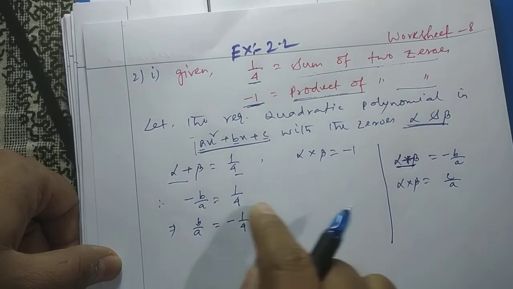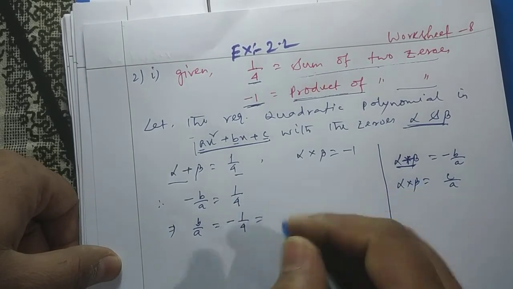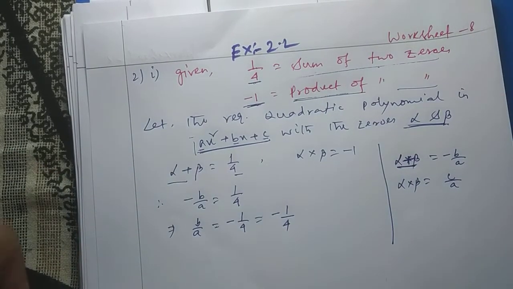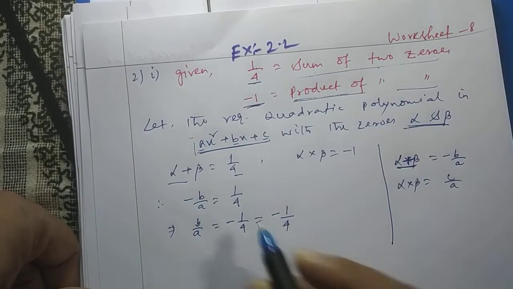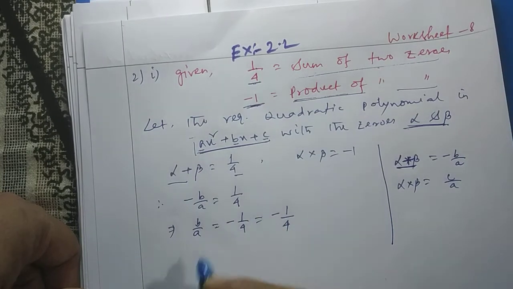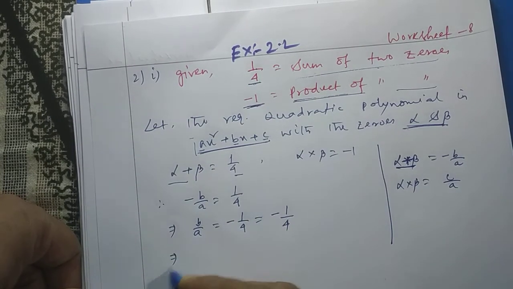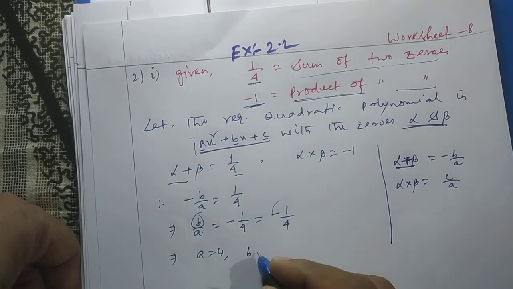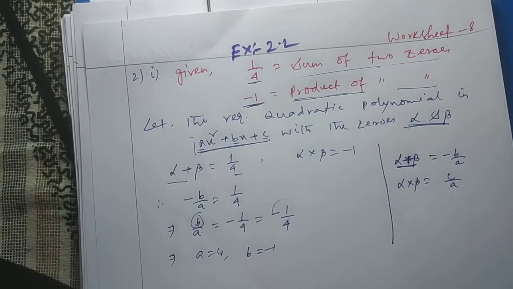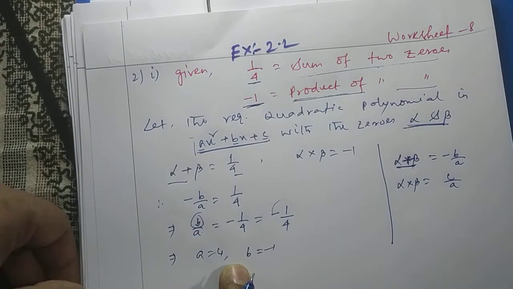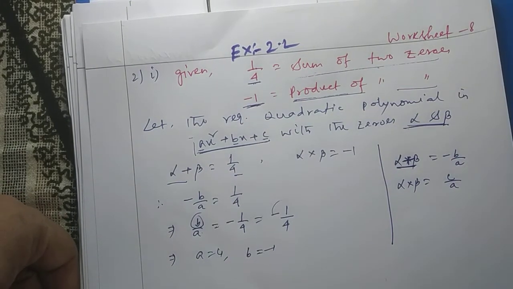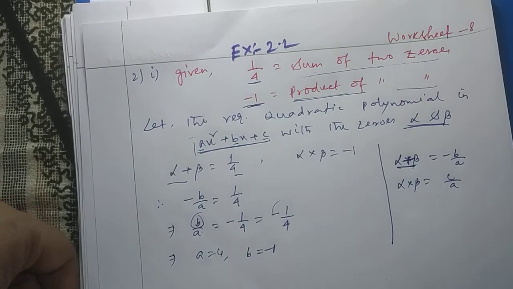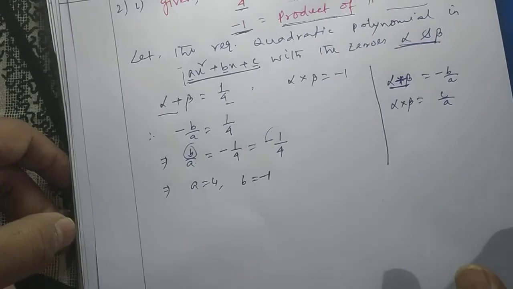Now this minus will go to the numerator, it becomes minus 1 by 4. Now comparing on both sides. On comparing you can say a equal to 4 and b equal to minus 1, correct? So in this way we have got the values of a and b, a equal to 4 and b equal to minus 1, correct? Only c is remaining to find.